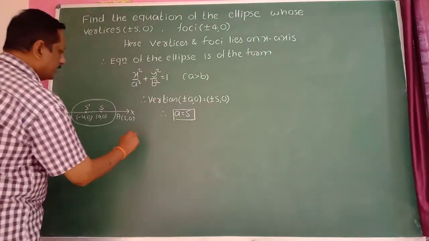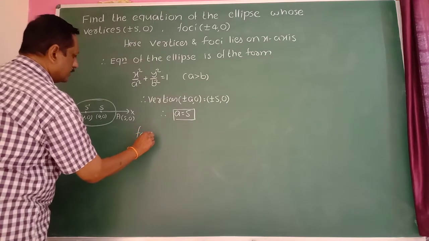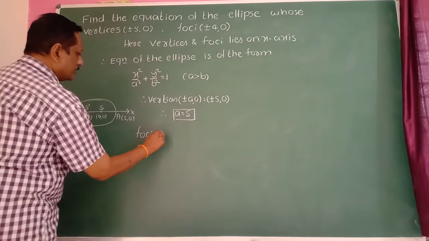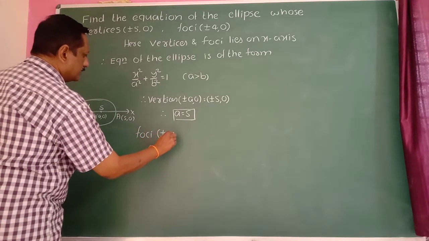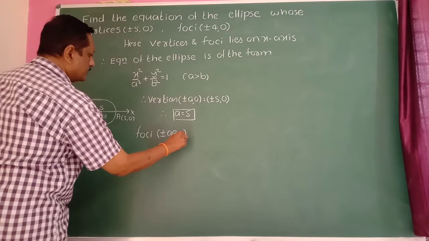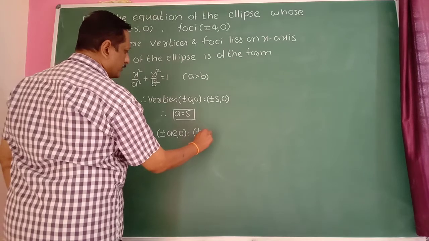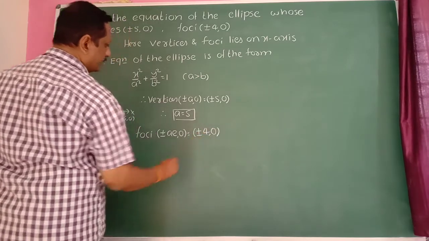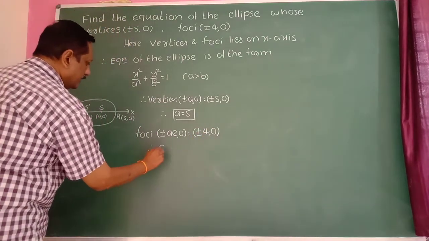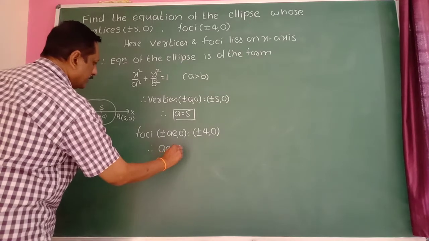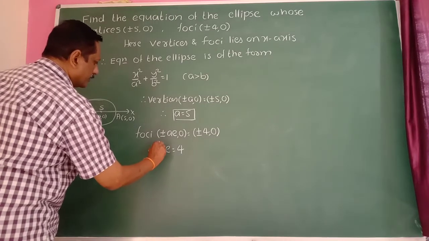Then the foci, so plus or minus a into e, 0 is equal to plus or minus 4, 0. Therefore, a into e is equal to 4.